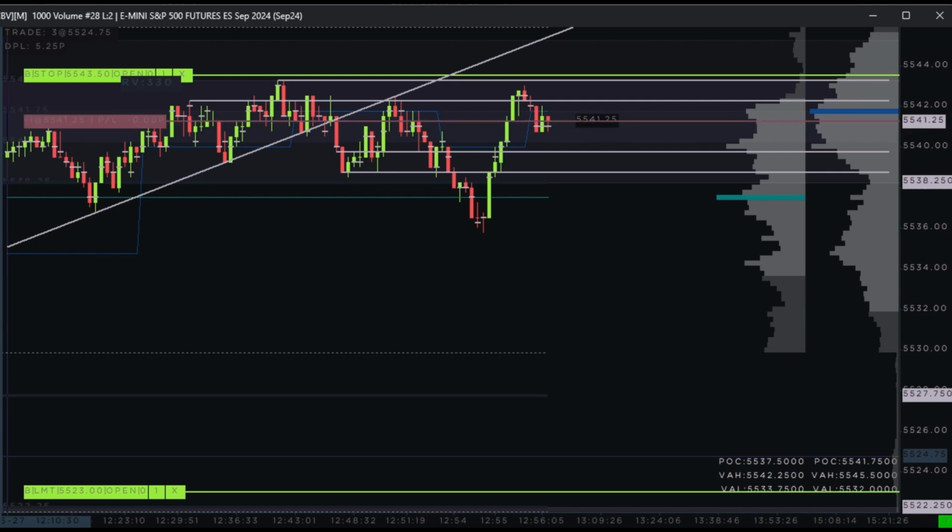Sometimes for me, it's just how things have been going that day. Am I really scrounging for profit at this point? Do I just want to be green? Am I going to put it into profit or break even? Or have I had a great day and I really could care less about a 2-point loss if that gives me the opportunity to catch a little downside move? So here I was fine with having the 2 points lost if it was going to go, so I just left it where it was.